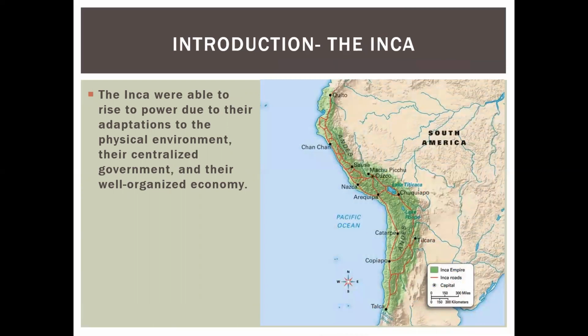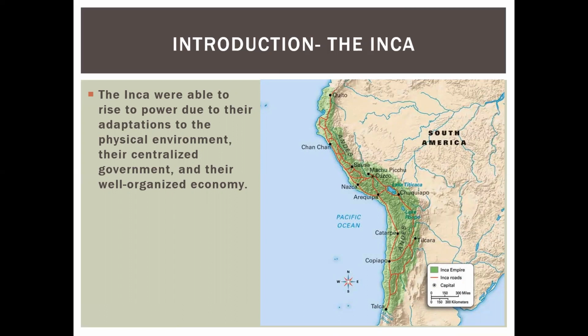Inca are in South America. They have a very strong centralized government. And the Inca are amazing because they're able to build an empire in some of the most difficult mountainous terrain in the world. And how did they do that? They built road networks. Not road networks that you could take any kind of cart or carriage on, but road networks for people on foot and for the animal of the Inca, the llama.